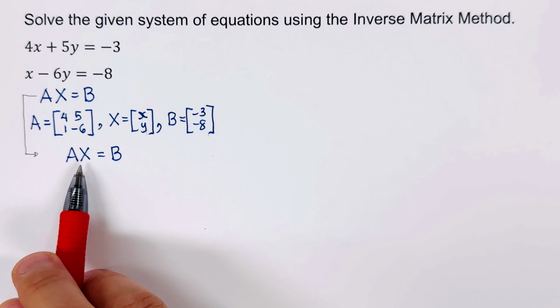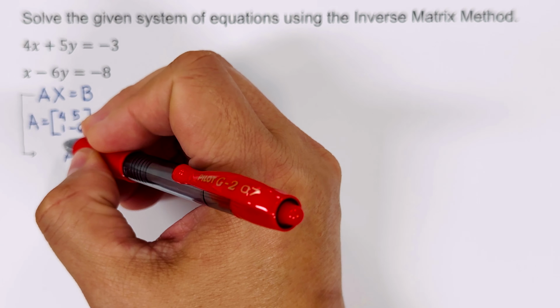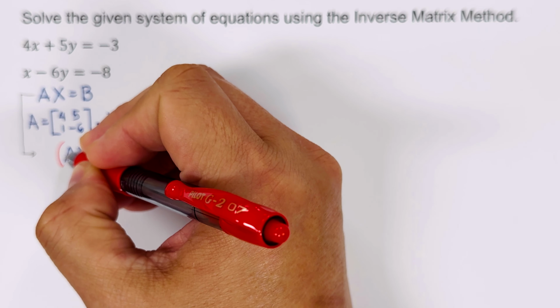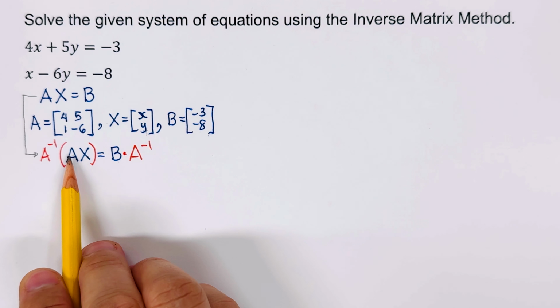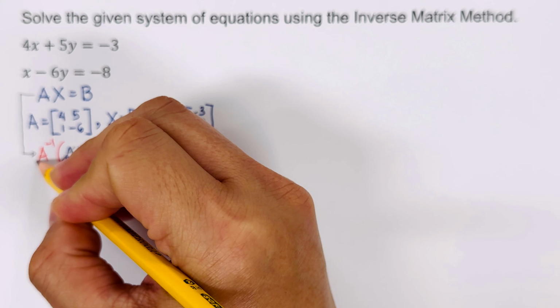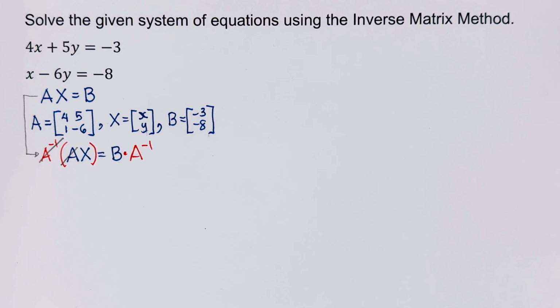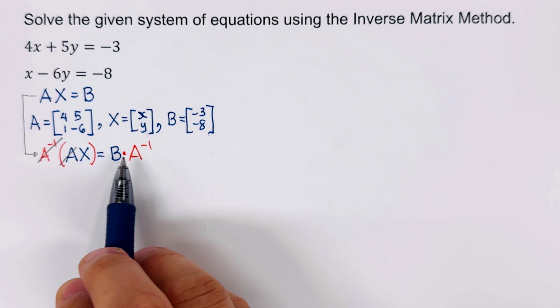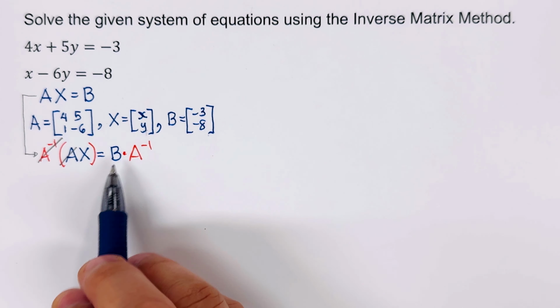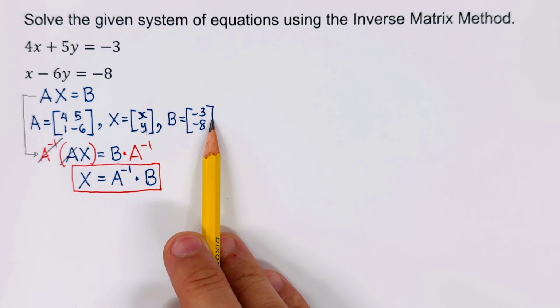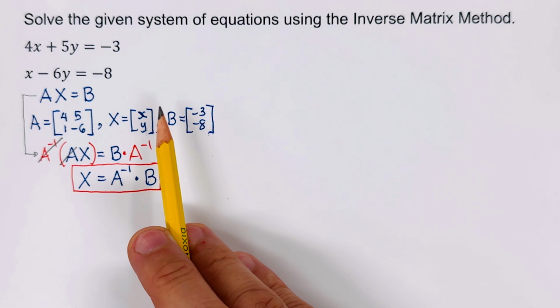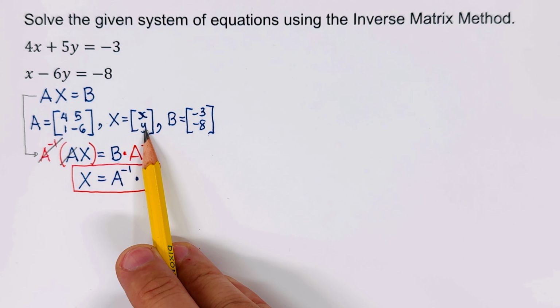Again, we got that from here. To have X by itself on one side, we multiply both sides by the inverse of A. The inverse of A times A cancels out, so the leftover is X equals the inverse of A times matrix B. Here is our matrix B, and the X matrix, which consists of x and y, is what we're looking for.